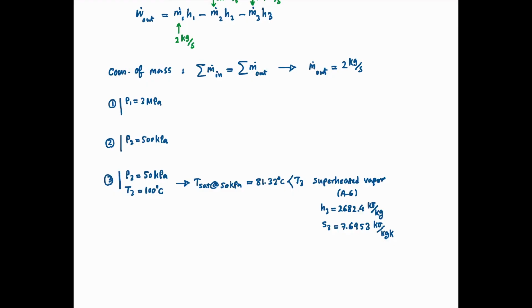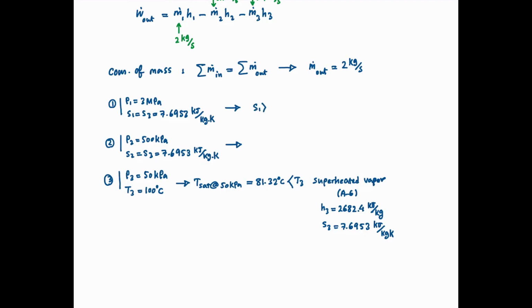So let's go back to number 1, the inlet to the turbine. S1 equals S3 equals 7.6953 kilojoule per kilogram Kelvin. And the same thing for number 2. S2 equals S3 equals 7.6953 kilojoule per kilogram Kelvin. So we just need to determine the states.